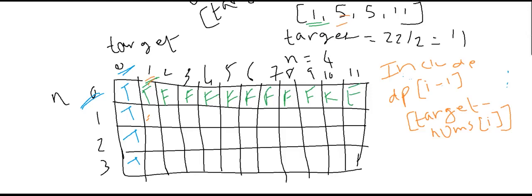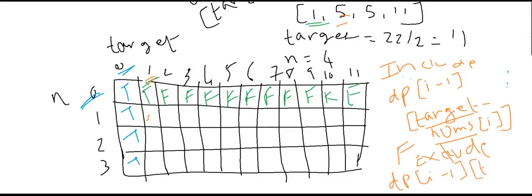So include is false, because this is less than 0. What is exclude? Exclude is dp of I minus 1, and the target remains unchanged because we are excluding that element. So the target here is 1. dp of I minus 1 is this, right? So here, true and false, when we OR it, the answer is true.